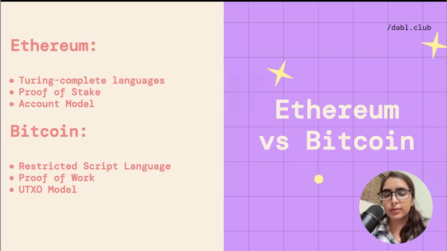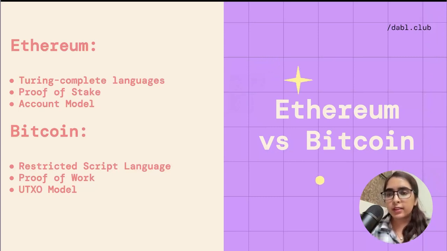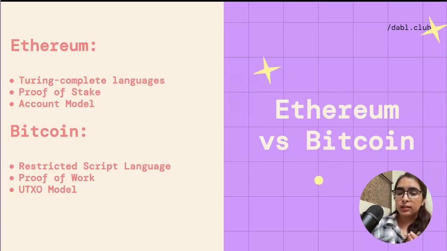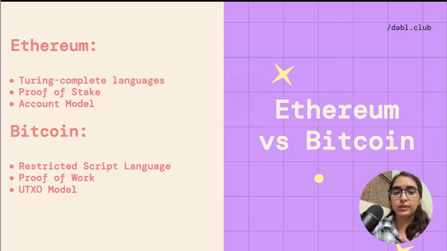Ethereum basically has two types of accounts: externally owned accounts, EOAs, and contract accounts, which are nothing but smart contract accounts. Now the UTXO model tracks the unspent outputs from previous transactions and uses them as inputs for new transactions. So that is how both work.